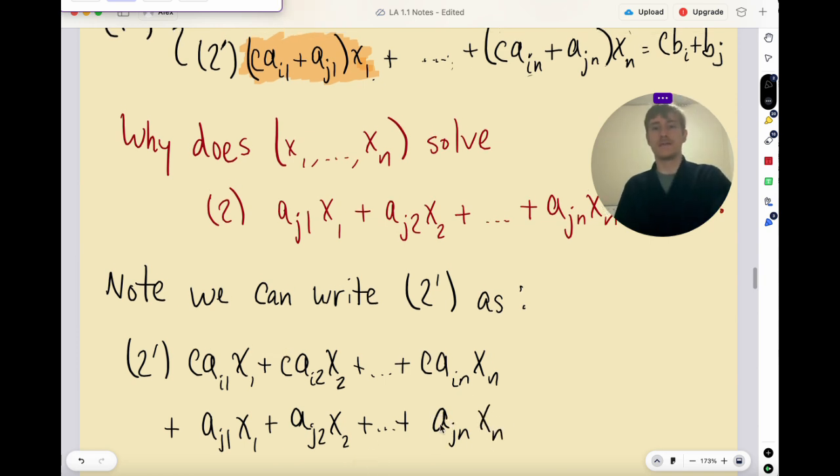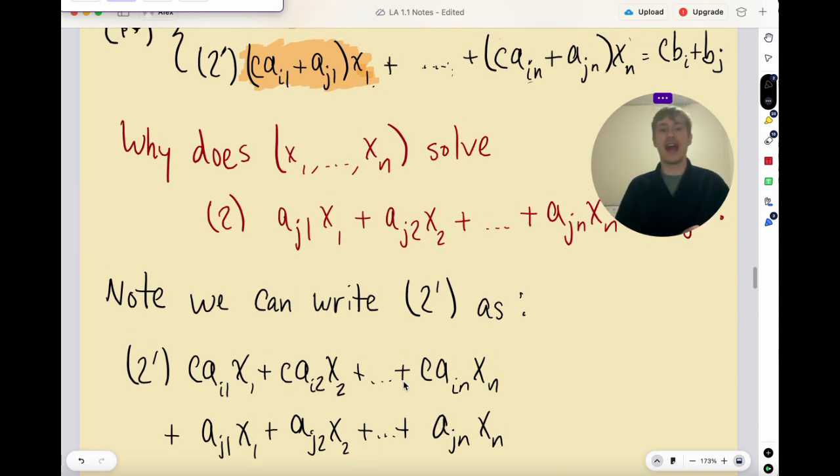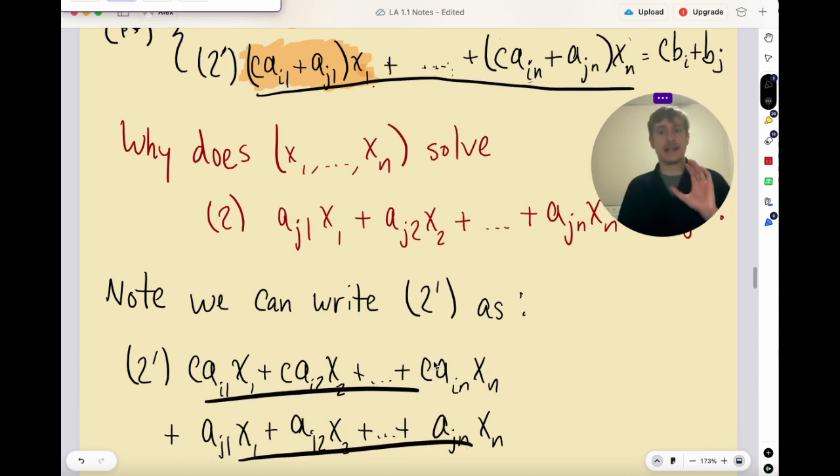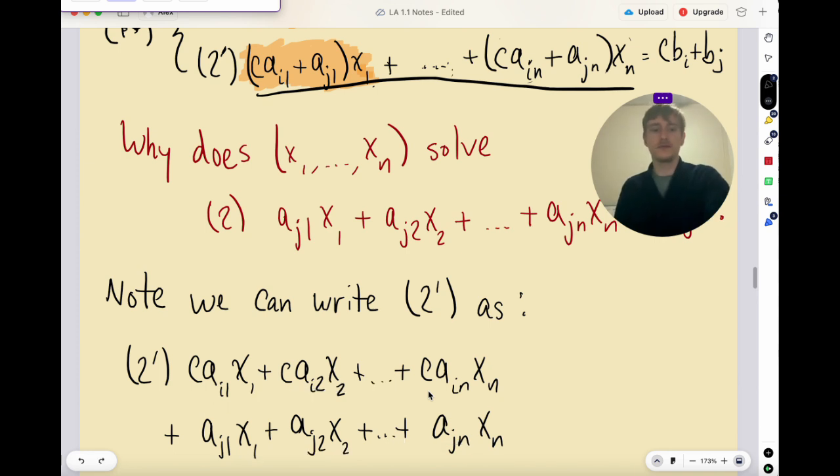So just pause the video, verify that what I have written down here on the left-hand side of this and this are the exact same. I'm just rewriting 2 prime in this way. And that is going to equal c bi plus bj.